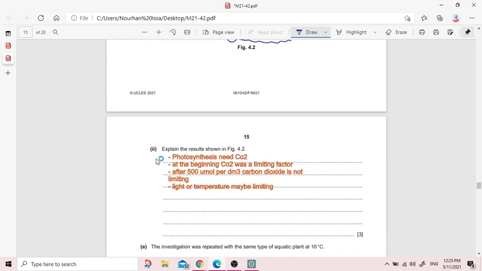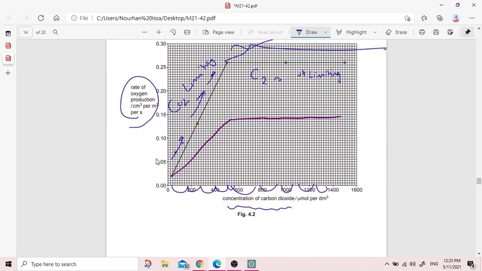Okay, explain the results. What are the results that I got? Number 1: since when you increase the CO2, the rate of oxygen produced increases, I can conclude that photosynthesis needs carbon dioxide.